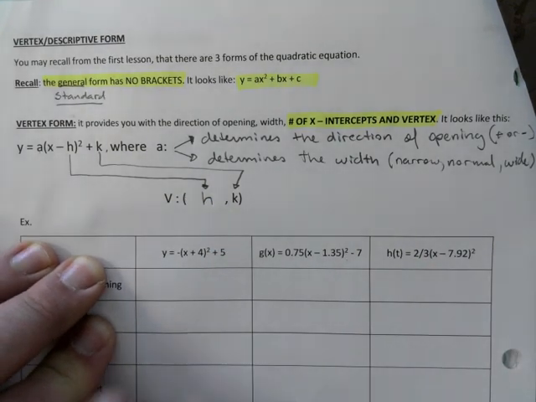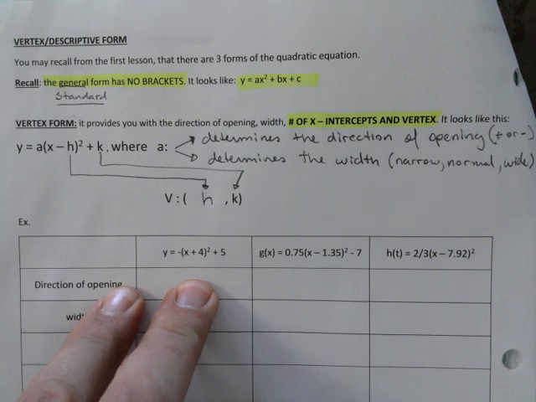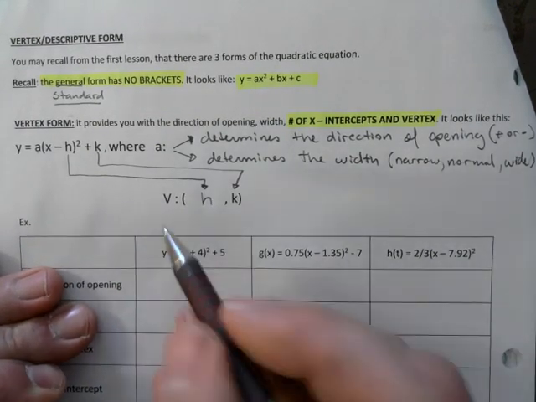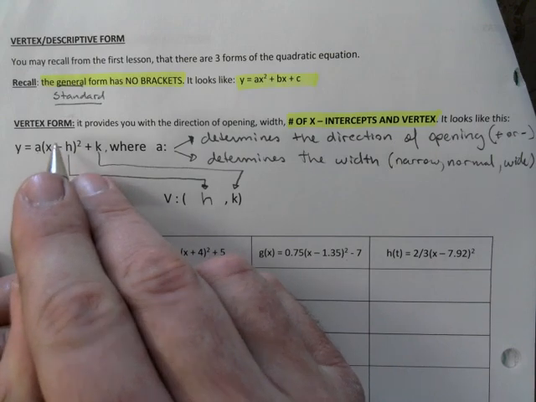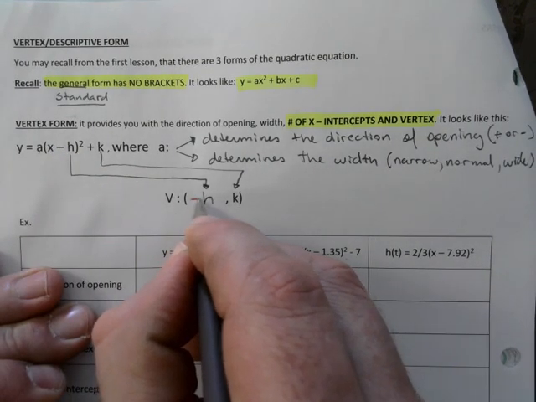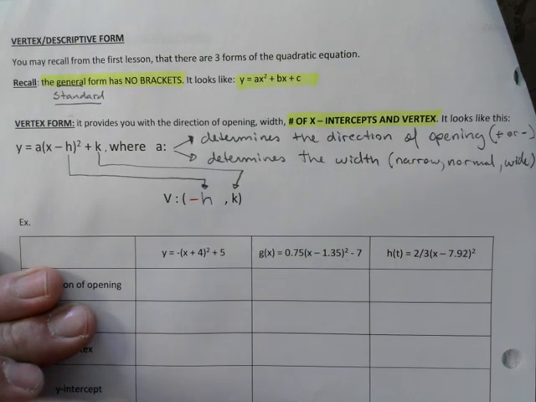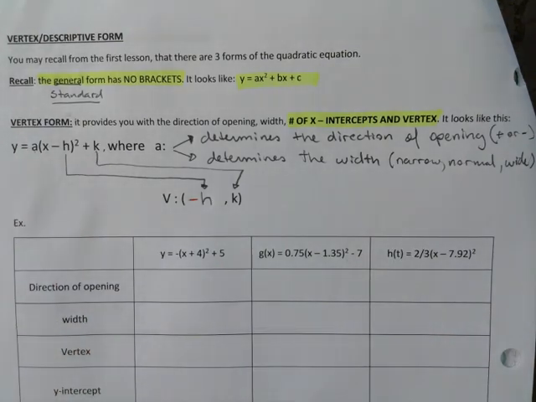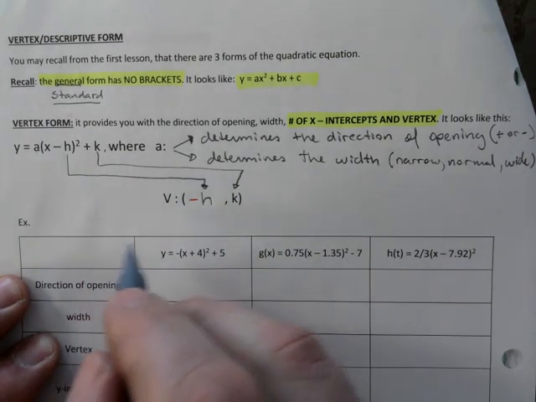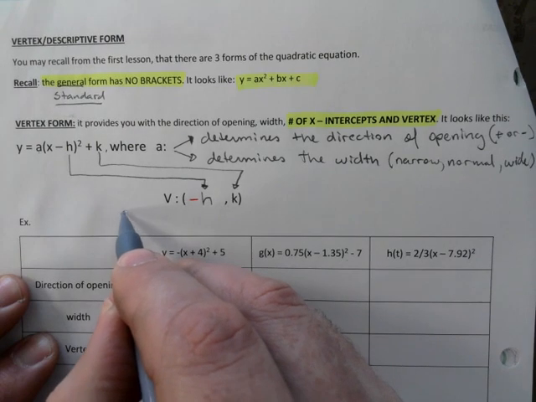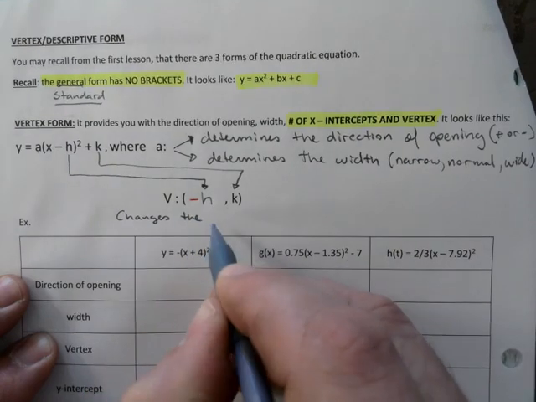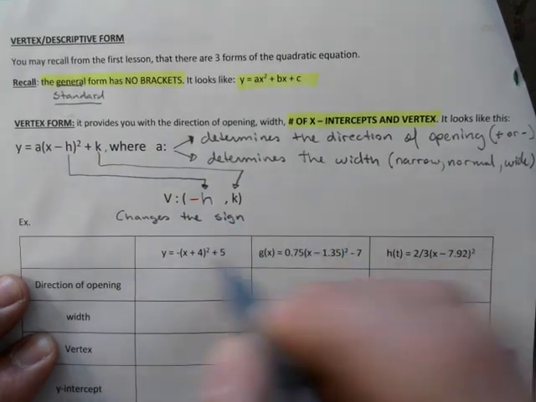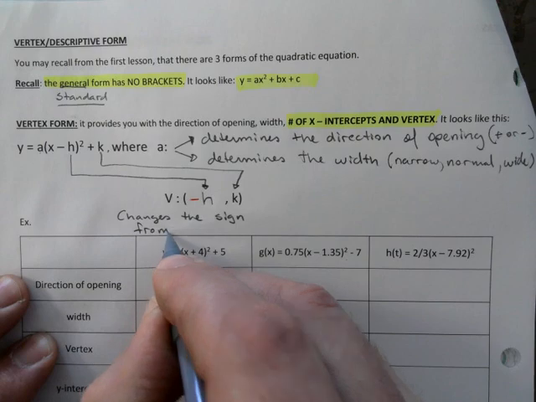But I'm going to use a red pen for this part, and you might remember you have to change the sign of whatever you got from the equation. Okay, so you need to change the sign, and that's how we do that in math. We just put a negative in front of that variable. Okay, so I will just say changes the sign from equation.